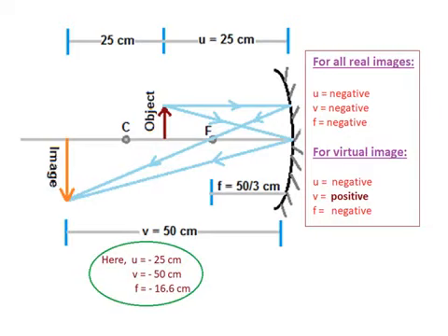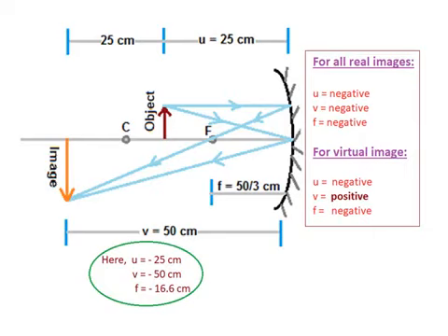Above the object you have a distance u equal to 25. That means the object distance, we have already seen, is the distance from the object to the pole of the mirror, and that is 25, given here. And the distance between the object and the image is again 25 centimeters.